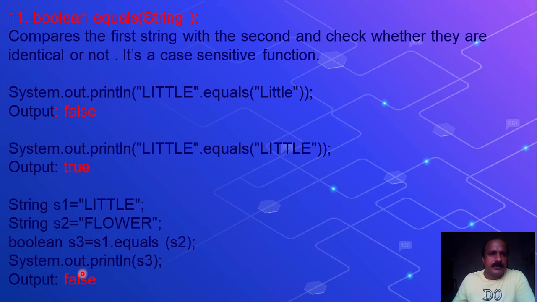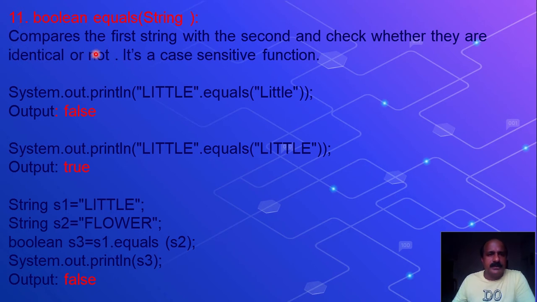The next function we are going to see is equals. The function is equals and its return type is Boolean. All those functions we are going to discuss are from the class String. Let us see the definition of what it is going to do.